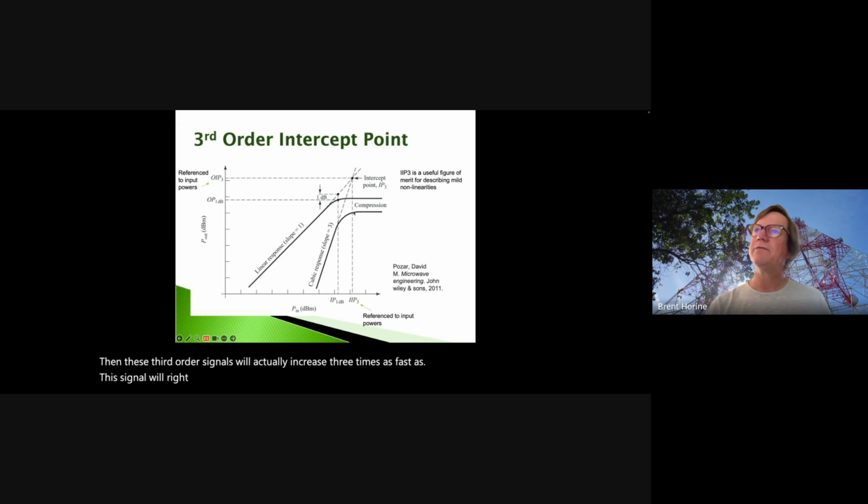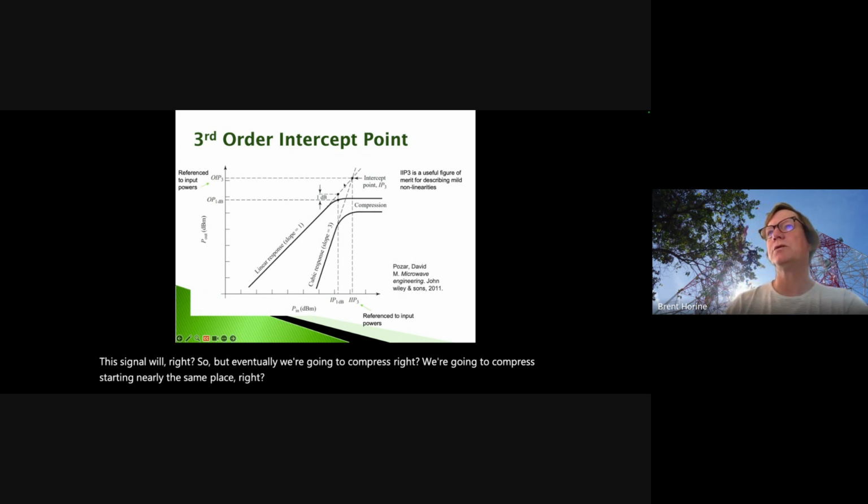But eventually we're going to compress, right? We're going to compress starting nearly the same place, right? And so what we do is we extrapolate both of these linear tendencies and find that since this has a much steeper slope, 3 times the slope, they're going to intercept out here at some imaginary point.